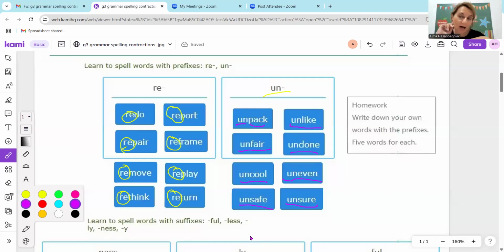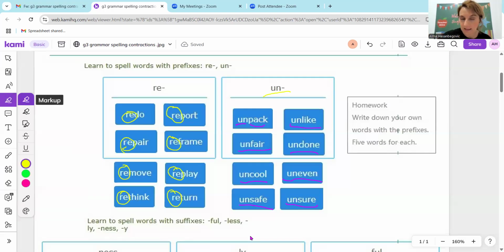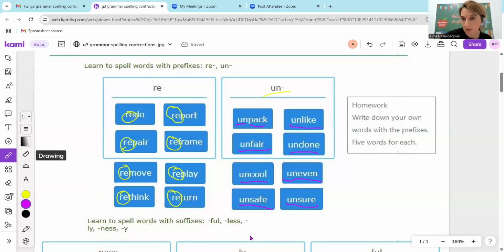Unsure. Now, I want you to stop right here and think about, are there any questions about how we pronounce these words and what a prefix is, and what the prefixes re and un do to the word? Any comments, any questions? No?